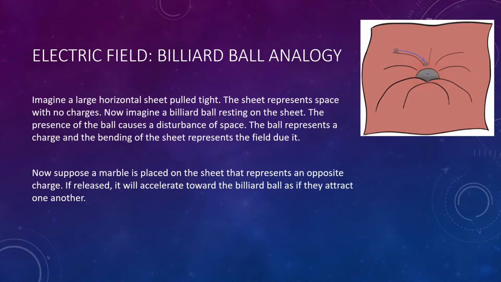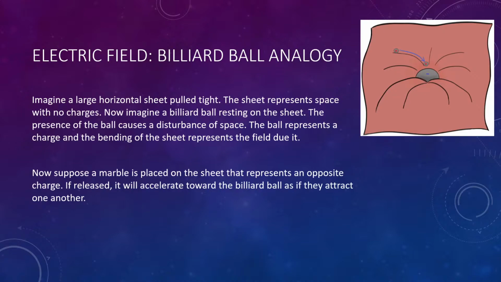That ball disturbing the fabric is the same as an electric charge disturbing the space around it. Just imagine that the billiard ball at the center is, say, a negative charge, and the fabric is the space around it. It is altering the space.